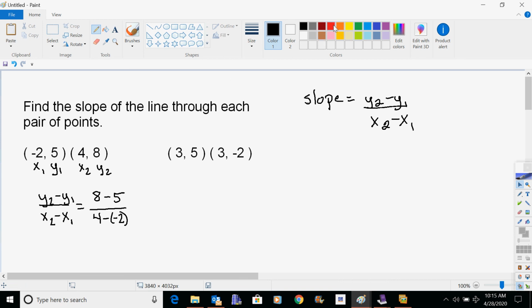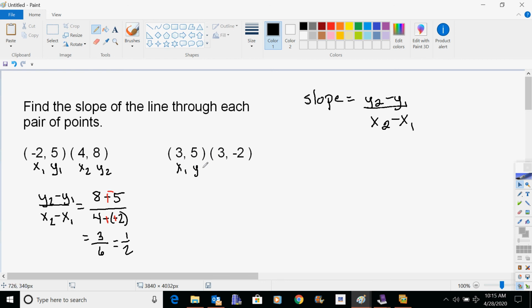Don't forget that when you subtract, you add the opposite, or keep change as some of you like to do. 8 plus negative 5 is 3. 4 plus 2 is 6. Reduce any fraction that you need to. Numerator, denominator, divisible by 3, we get a half. Okay, same thing here.